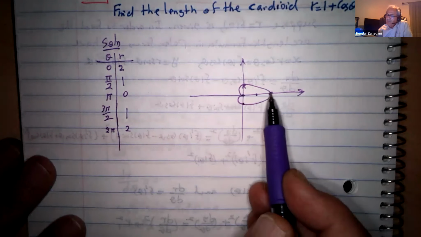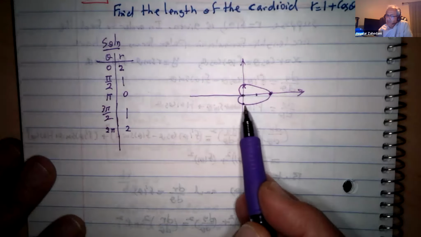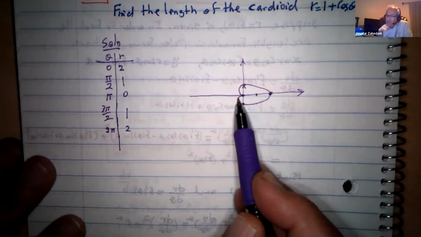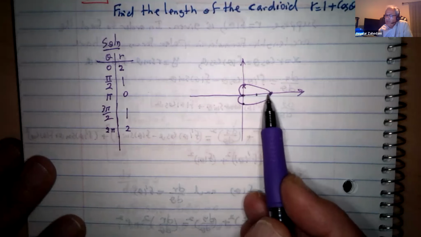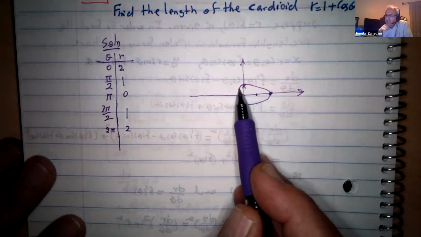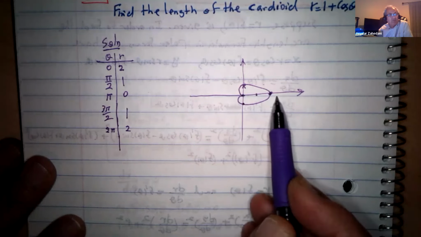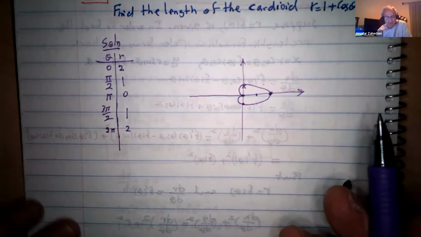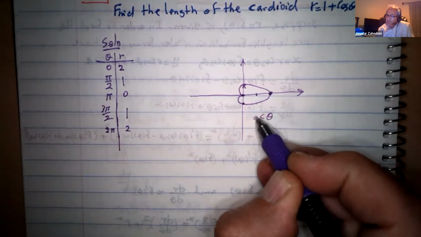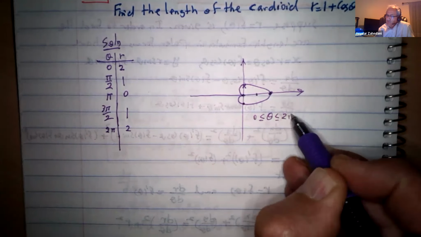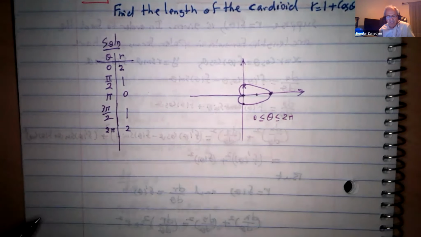So the arc length means going around. You can do it between 0 and 2 pi, or you can find one portion to the top and multiply by 2. So you have 2 choices. So theta is going to be between 0 and 2 pi.